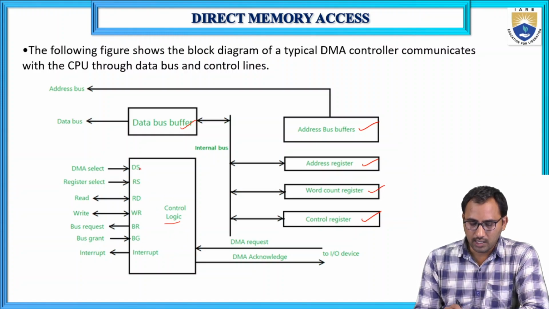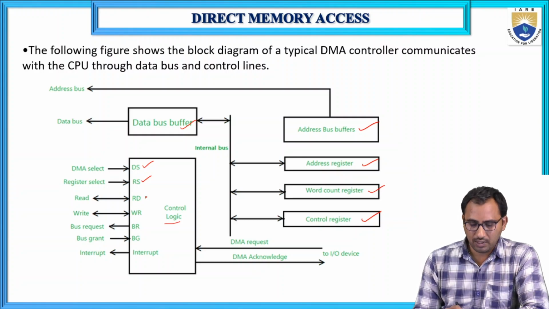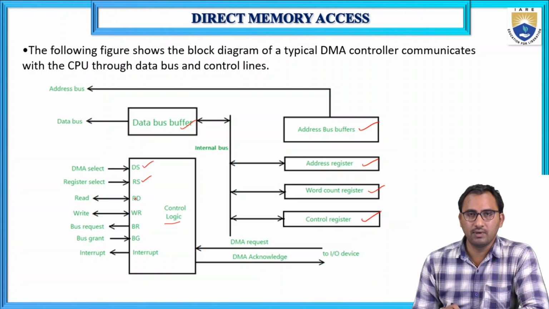Those are DS and RS. DS means DMA select, RS means register select. Using these two, we can select that particular DMA controller. Then we can perform 2 types of operations, read operation and write operation.